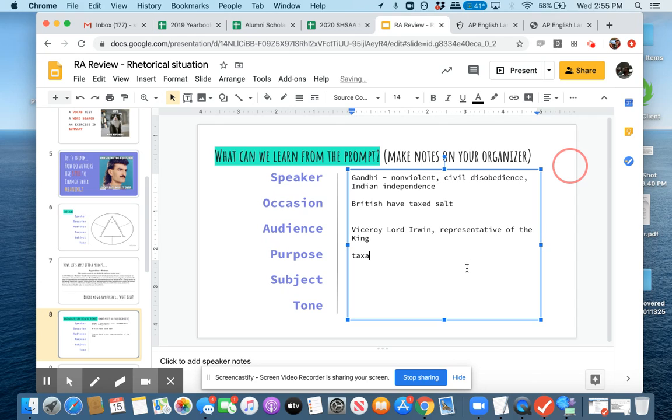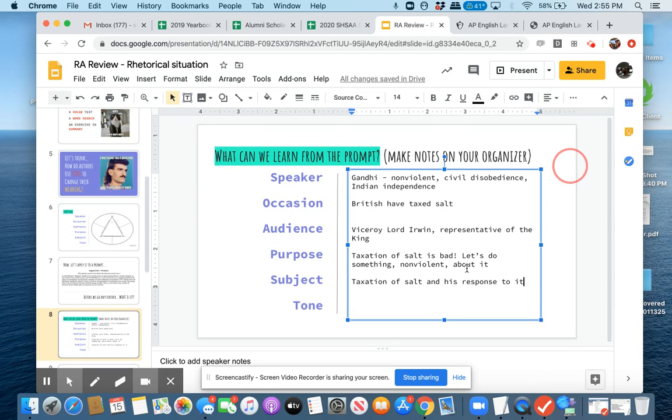So taxation of salt is bad, and let's do something nonviolent, of course, because he mentioned that. The same thing here we can say with subject. I know that purpose and subject in the SOAPStone organizer always sort of were confusing about how to tell which is which, right? But the subject here really is the taxation of salt and his response to it, right?